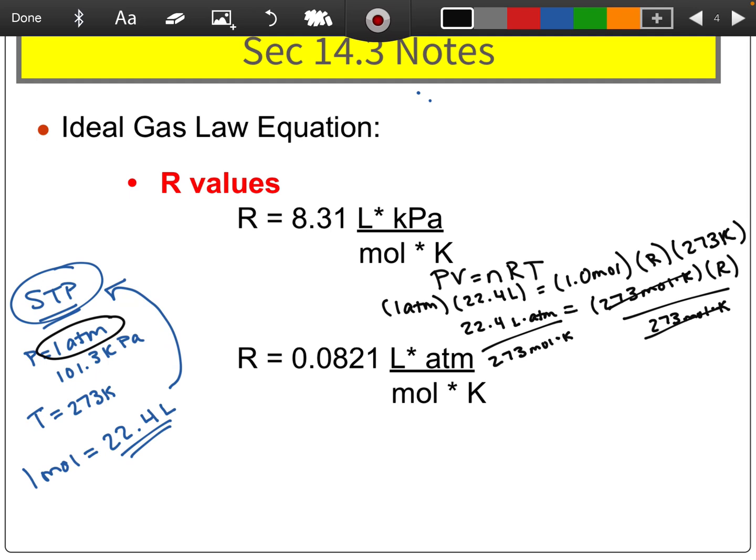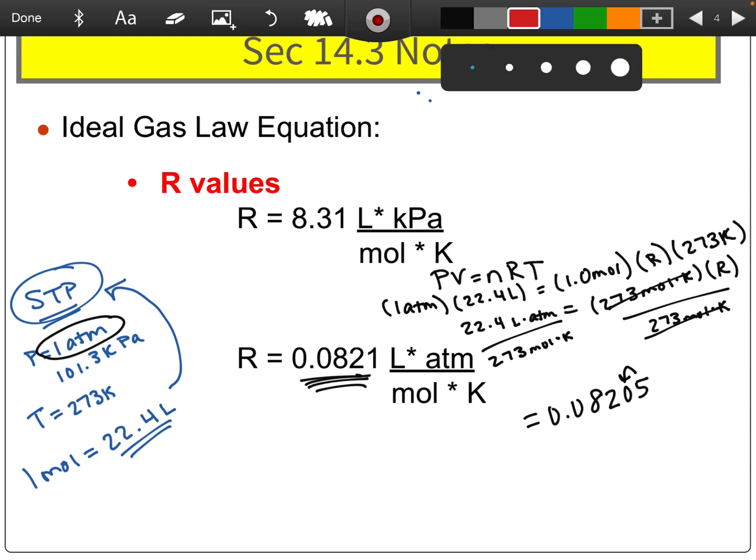So if we take 22.4 divided by 273, you get 0.08205, and then of course if we round to 3 sig figs, we end up with 0.0821.